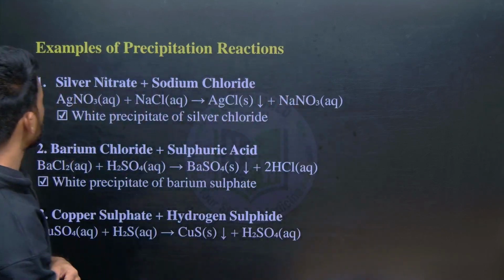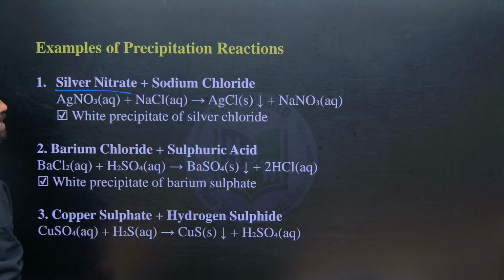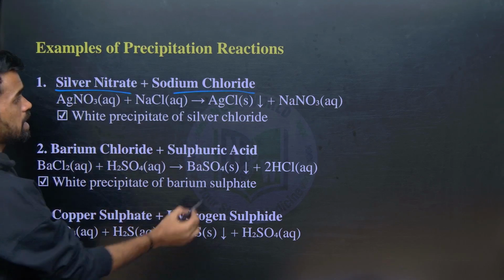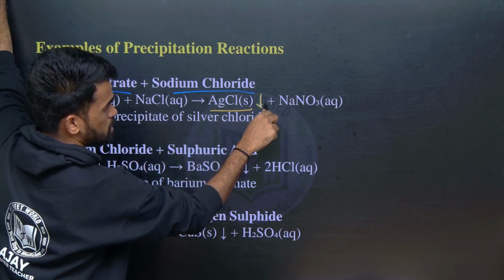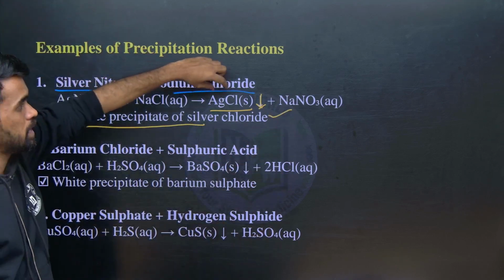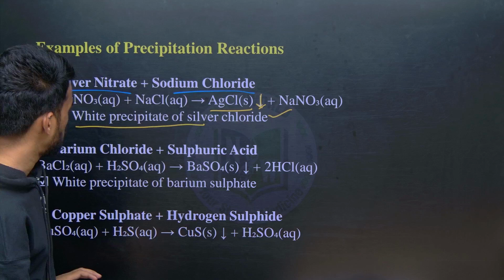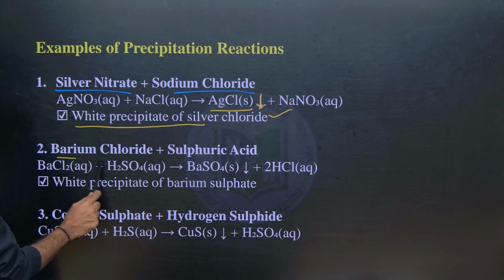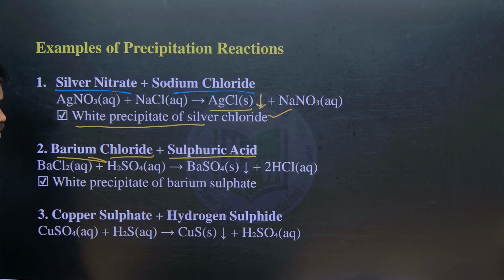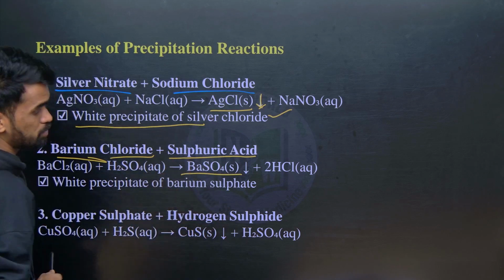Now, whenever silver nitrate and sodium chloride are added, what happens? A white AgCl precipitate is formed. So a white precipitate of silver chloride is formed, one precipitate and one salt. Then next, barium chloride and sulfuric acid, just now we discussed a similar example. Barium sulfate, again a white precipitate is formed.